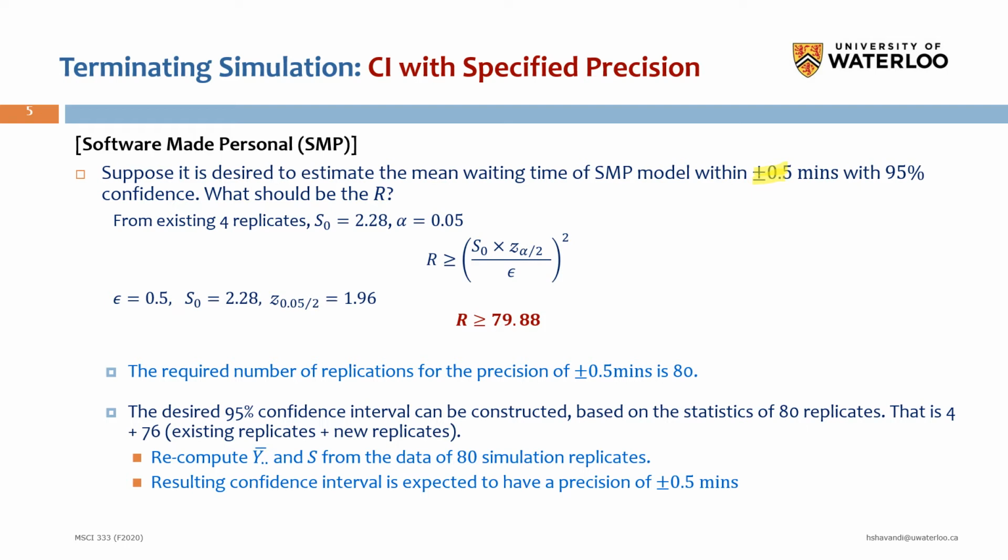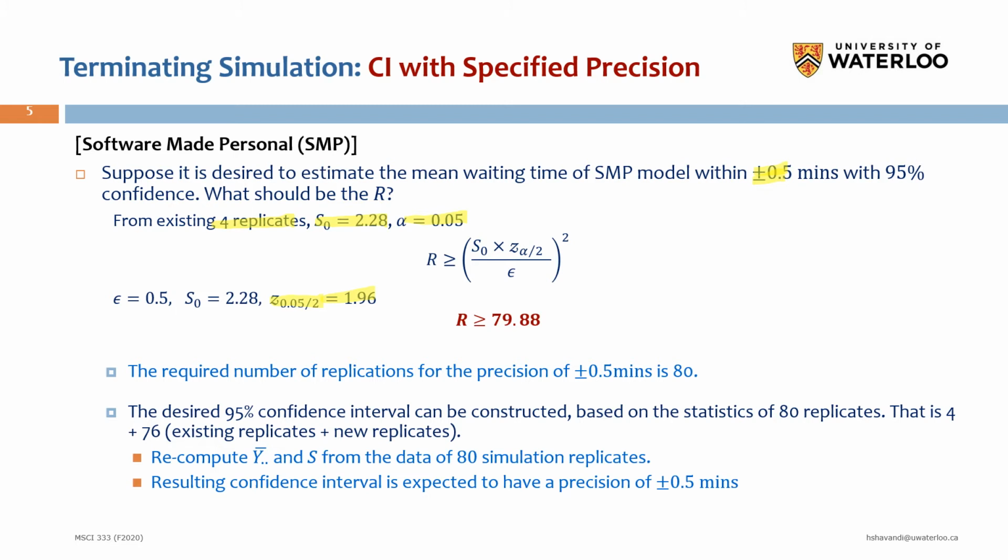From the previous example, from 4 replications, as you remember, S0 is calculated as 2.28. The alpha here is 0.05. So the z for the standard normal distribution at 0.05 divided by 2 will be 1.96 from the standard normal distribution table.